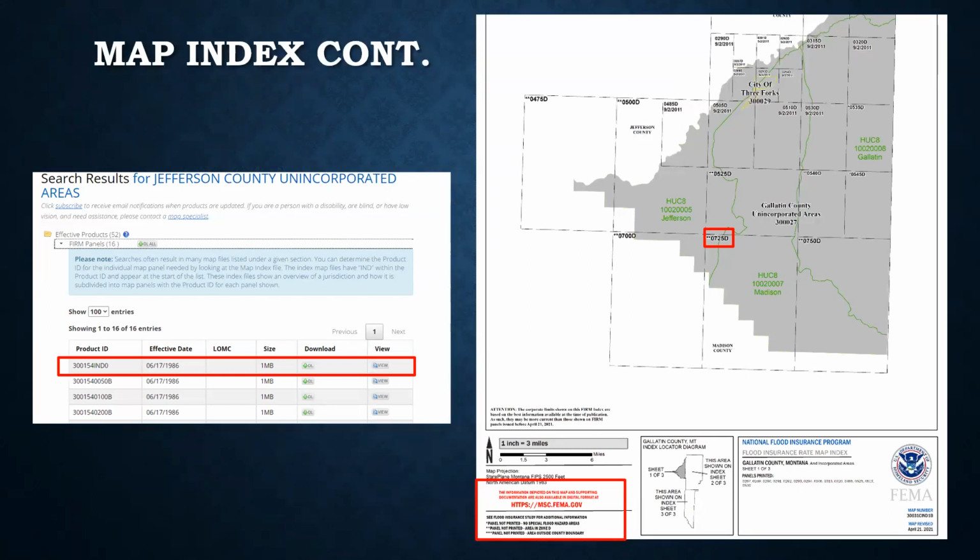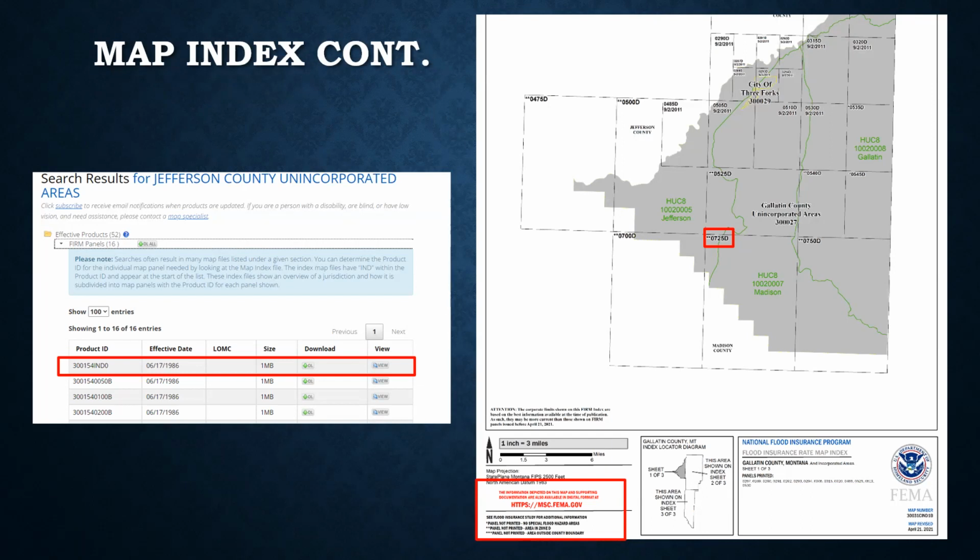Mark, this is a good spot to pull up the MSC if you would kindly do that. I think we should run through how to find these things. But I'll go through the map index real quick again.